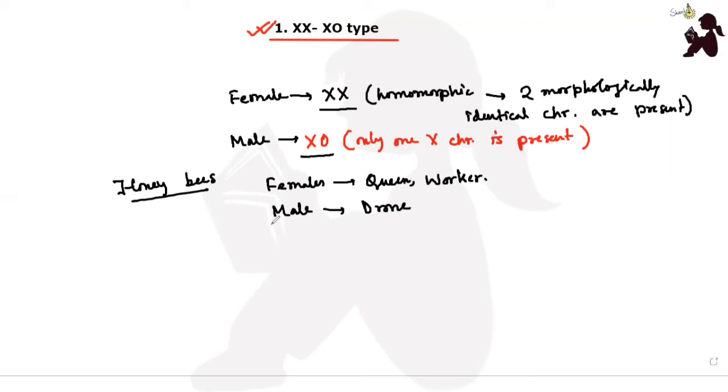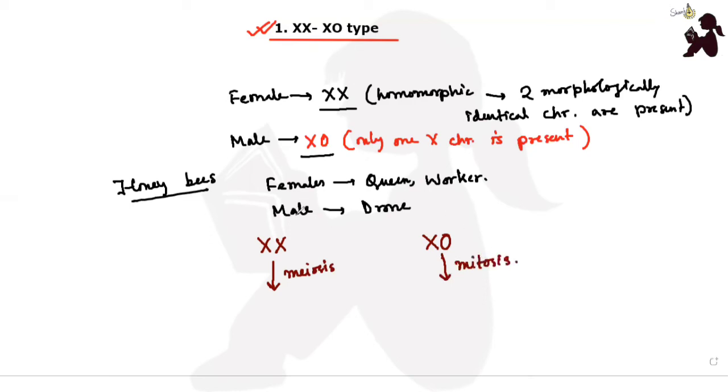Okay. So in the process of gametogenesis, the female individual is XX. When this is crossed with the male individual of the genotype XO, the female will divide by the process of meiosis and the male will divide by the process of mitosis.